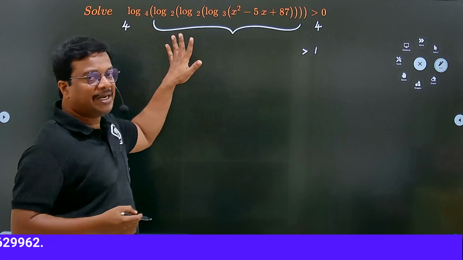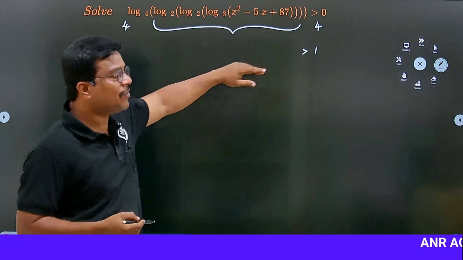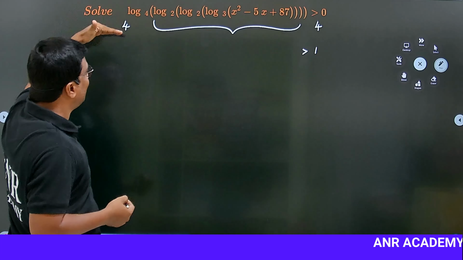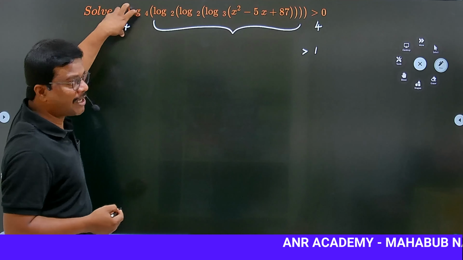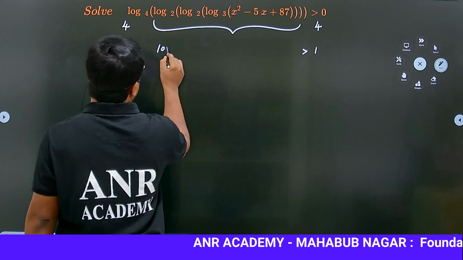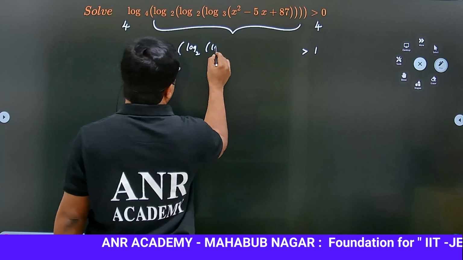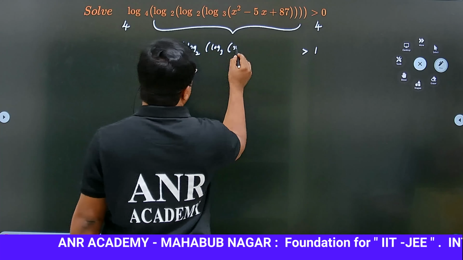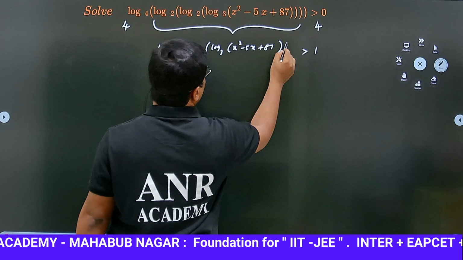Just what I applied, on both the sides base 4, right hand side 4 power 0 is 1, and in the left hand side 4 power log with base 4. These two are inverse to each other, they get cancelled. Remaining terms you will get: log with base 2, log with base 2, log with base 3, inside x square minus 5x plus 87.